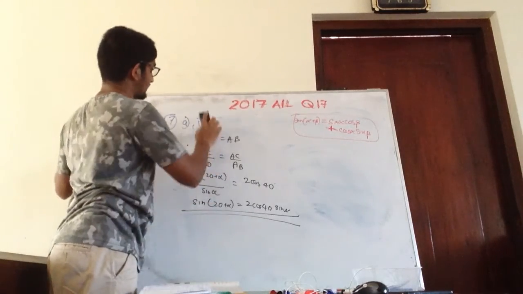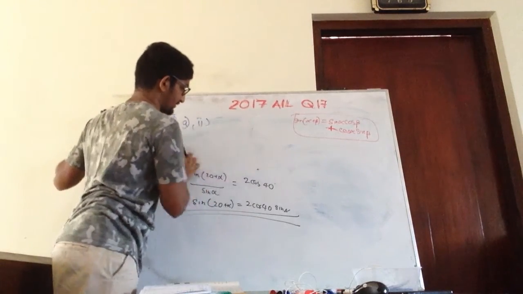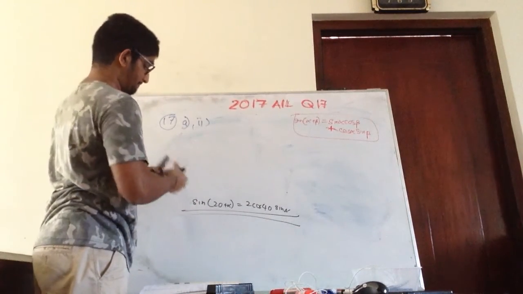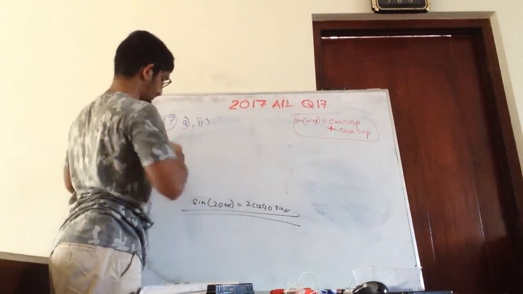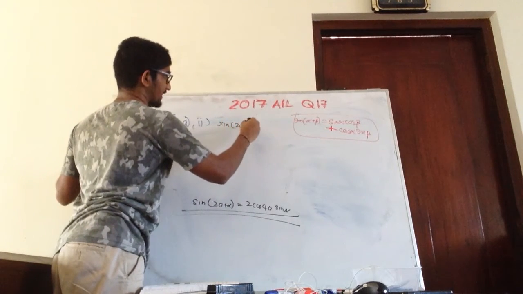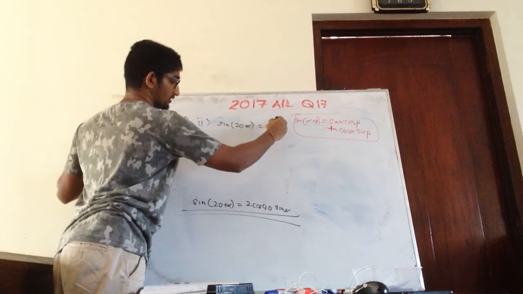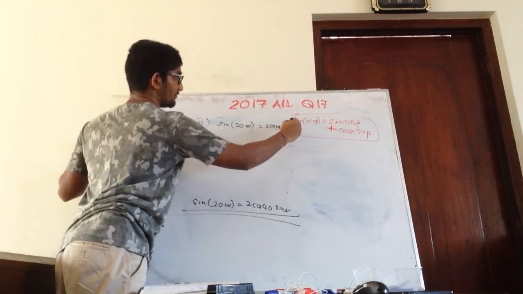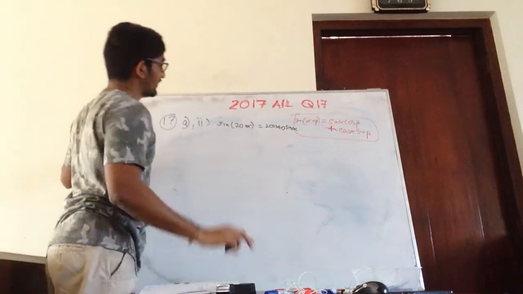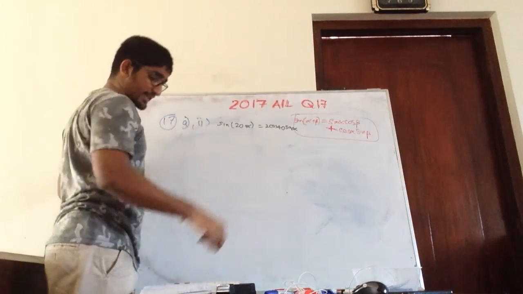Right, so now let's see what we will get. So we have sine 20 plus alpha is equal to 2 cos 40 sine alpha. Right now? So here I just need to expand this and see.